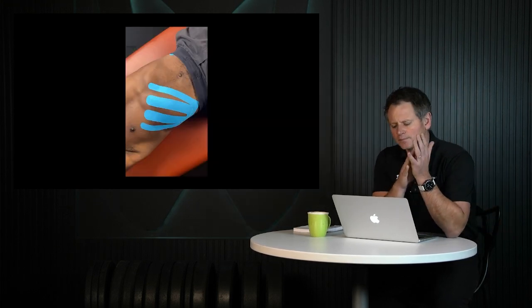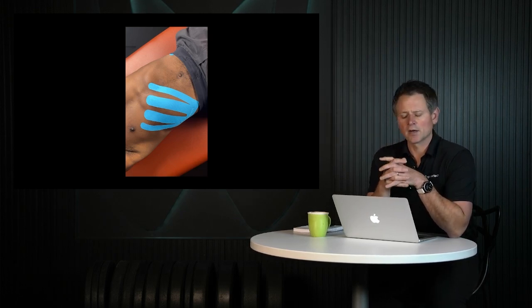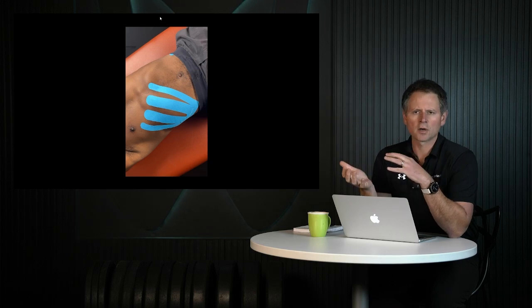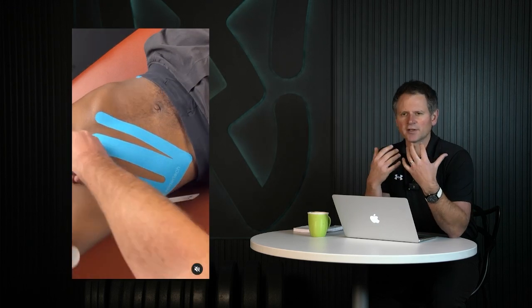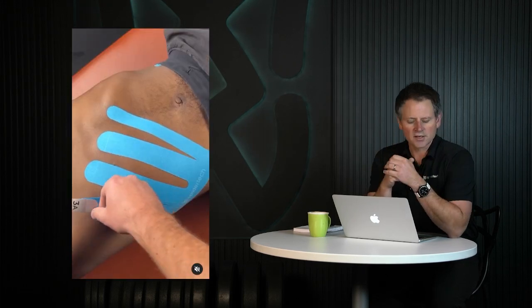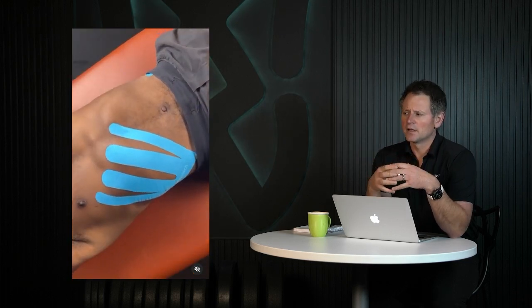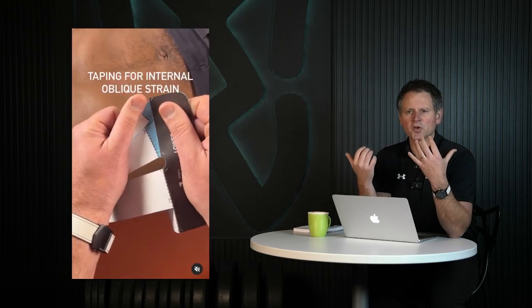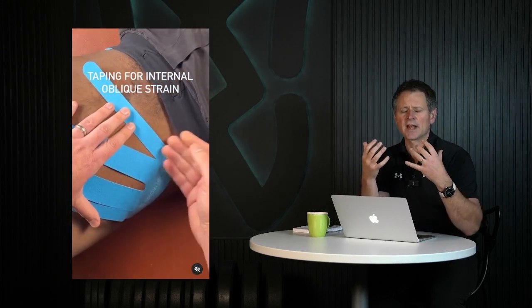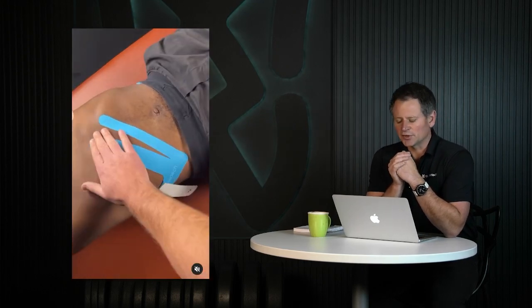So I chose this video here, and this is more of what I would do for someone if they had a lower rib constriction, or if we're trying to highlight the abdominals, the obliques, the diaphragm. We're going to get tape on here, and just the proprioceptive awareness that the tape provides is going to help your patient understand how to draw that air down through the abdomen into the chest.